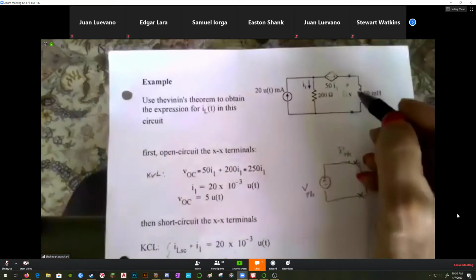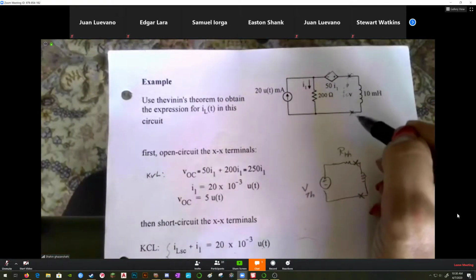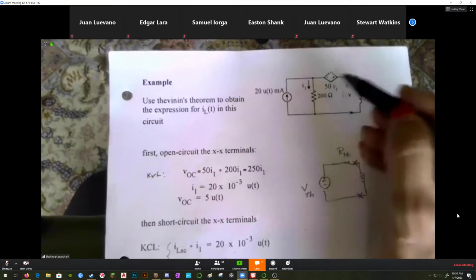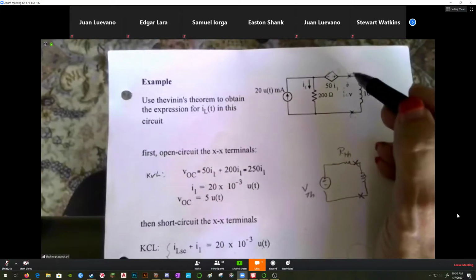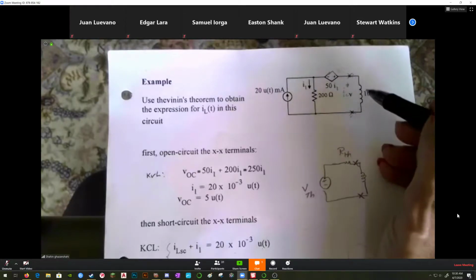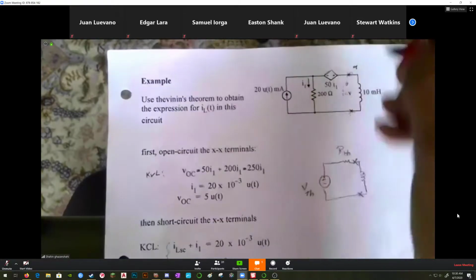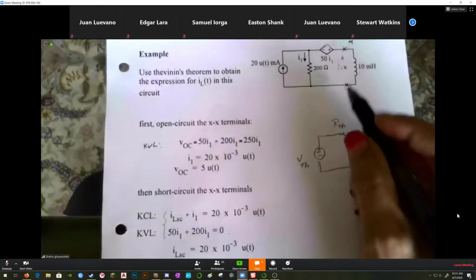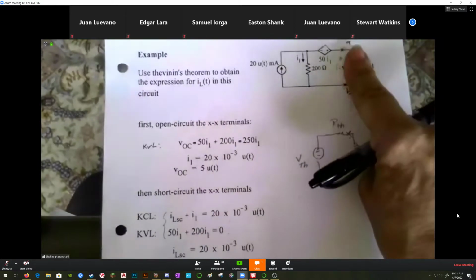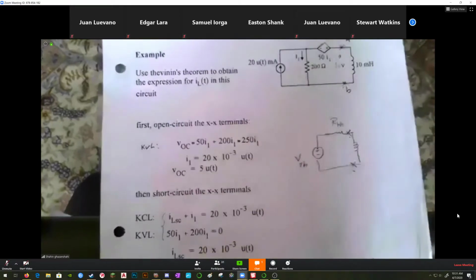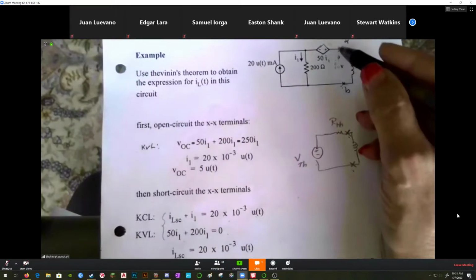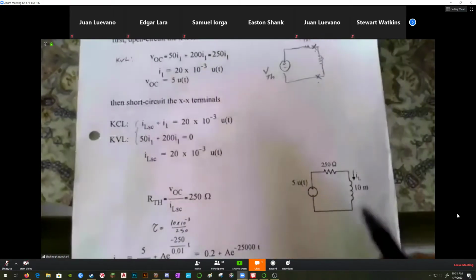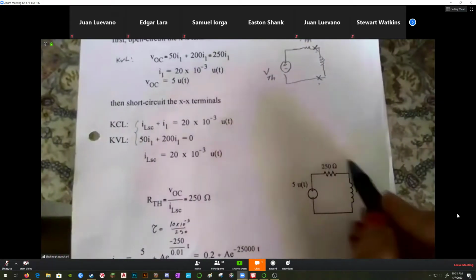Now that was, for example, in my notes, another example. That's for the inductors. If you read this example, because there is a dependent source, I have to go to what? Calculate the Thevenin equivalent across the inductor. So I did that. So that acts as a load. Again, we get the open circuit voltage, short circuit current, get R Thevenin, and calculate the Thevenin equivalent.